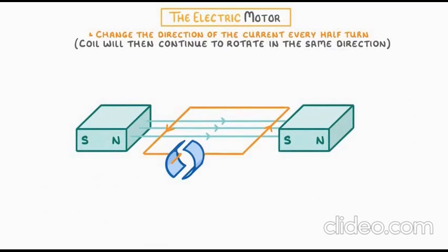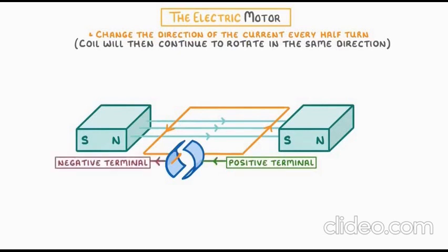So let's connect this coil with a positive terminal and a negative terminal as shown, and the conventional current starts flowing from the positive terminal across the coil and comes out of the negative terminal. We learned previously that in this scenario the coil will start rotating in the clockwise direction, right? But as soon as it is rotated by 180 degrees, this positive will go to the left and the negative will come on the right.